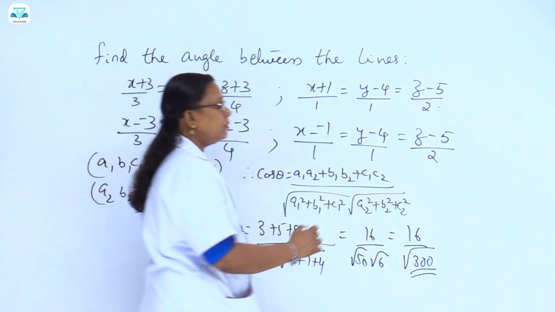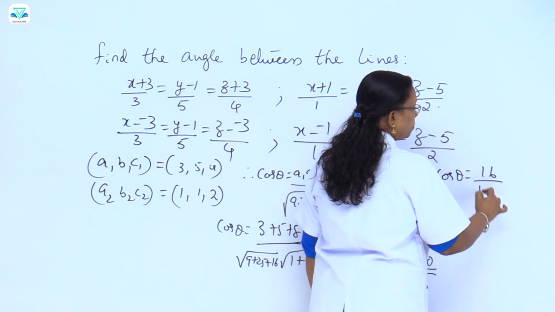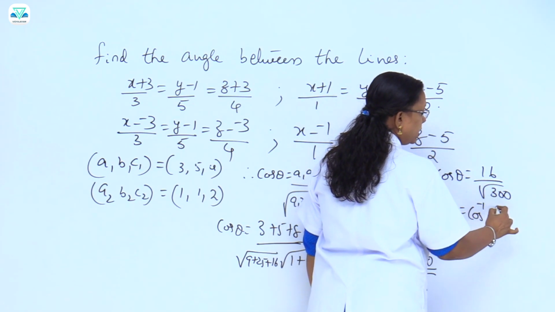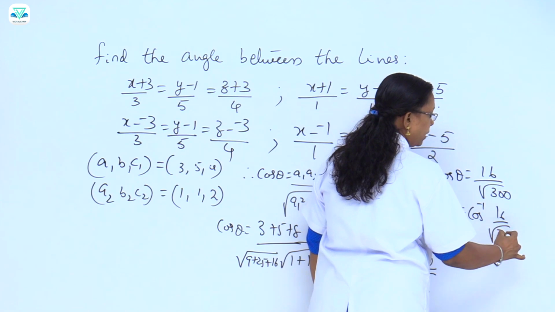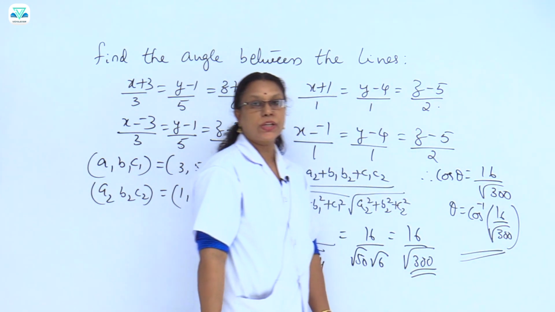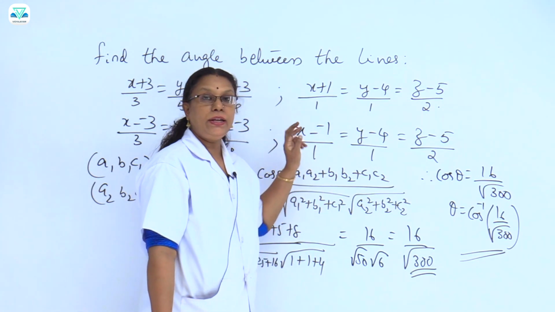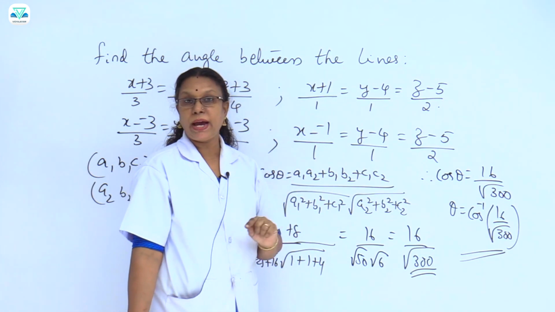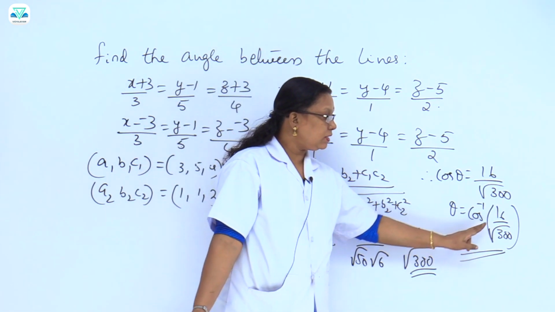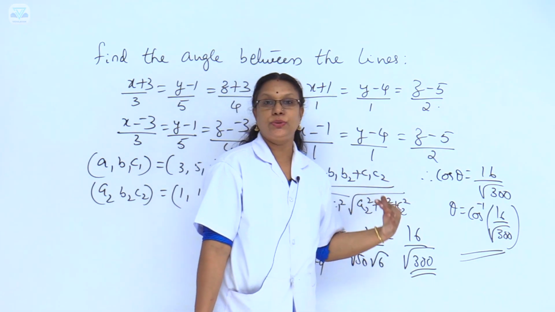So, we have cos theta is 16 by root 300, or theta is cos inverse 16 by root 300. So, given two lines in Cartesian form, identify the direction ratios of the parallel vectors and substitute in the formula. So, theta is cos inverse 16 by root 300, the angle between the given two lines.